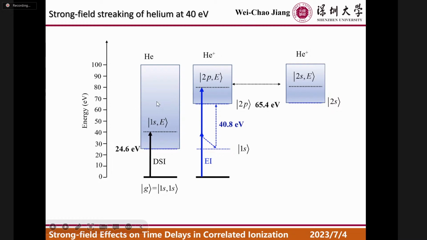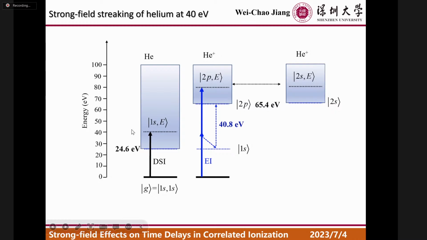In this channel, we call it the direct sequential channel. If the XUV intensity is very high, another channel will open. After the electron absorbs the first photon, the second electron can absorb another photon and be excited from the 1s ground state to the 2p state in helium plus, which means the second photon can induce a core resonance.